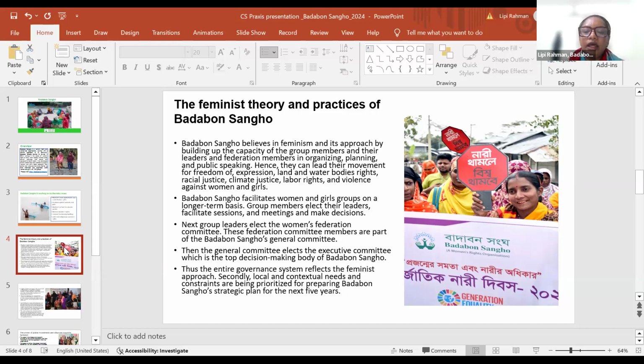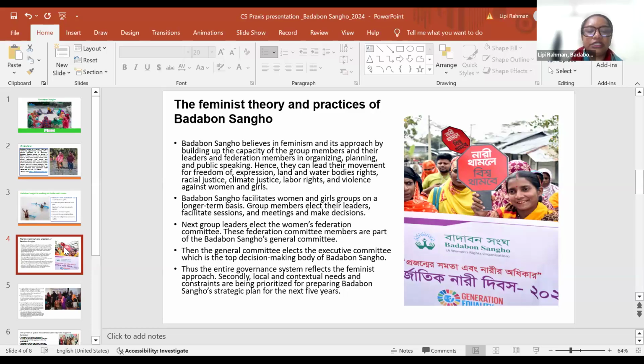That's why we formed 4 federations. These 4 federations have 13 to 14 members each, and women group members cast their votes and elect them from their groups. These 129 groups have 5 committees in each group, and these groups elected the federation members.